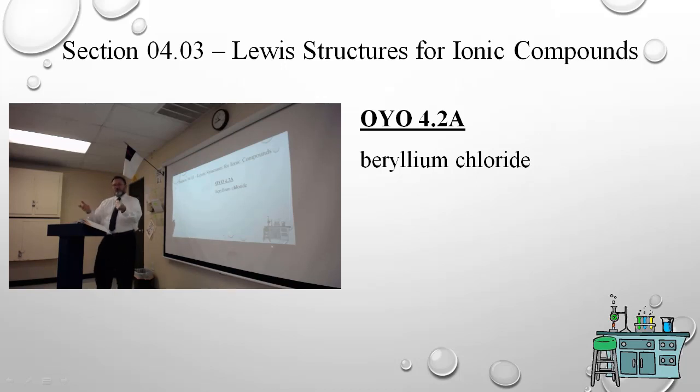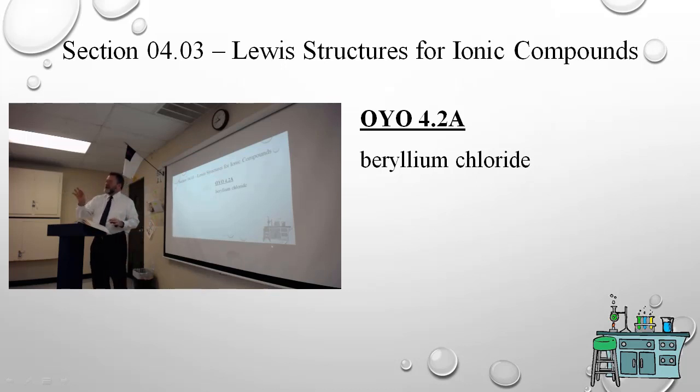Now that we know those two elemental symbols, what's our next piece of information that we need to find out? Somebody else. Ma'am, in the back. Is it valence? Right, you're going to figure out how many valence electrons.